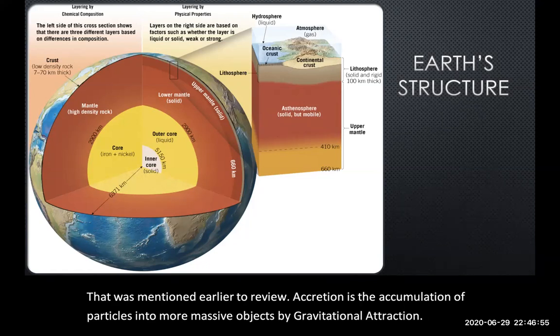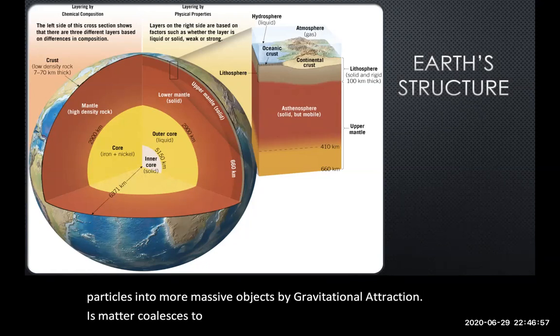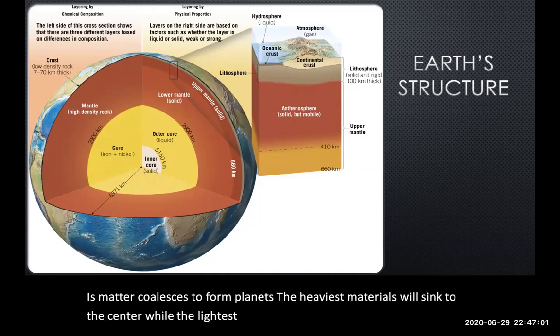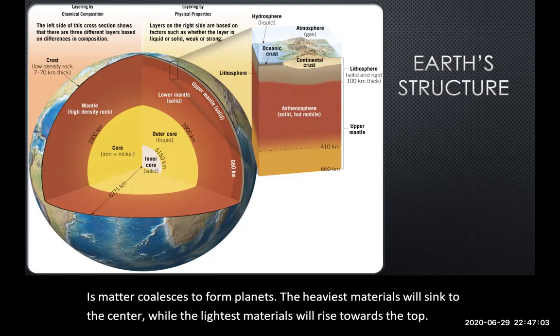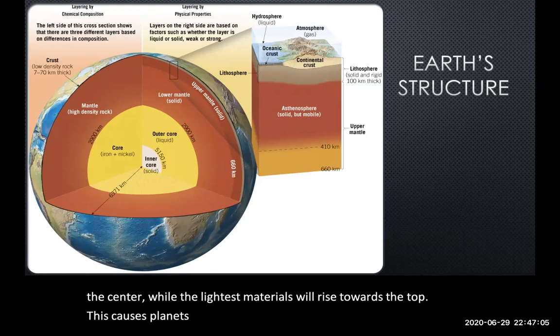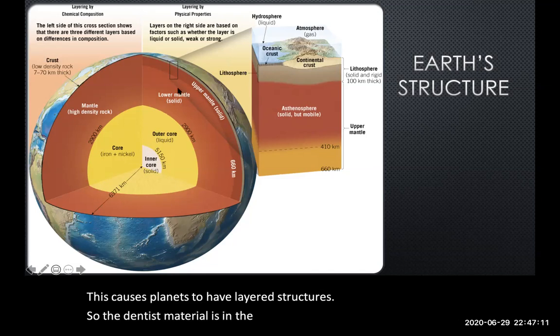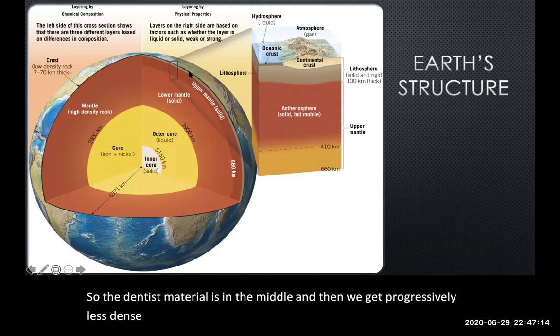As matter coalesces to form planets, the heaviest materials will sink to the center, while the lightest materials will rise towards the top. This causes planets to have layered structures. So the densest material is in the middle, and then we get progressively less dense stuff as we get towards the Earth's surface.